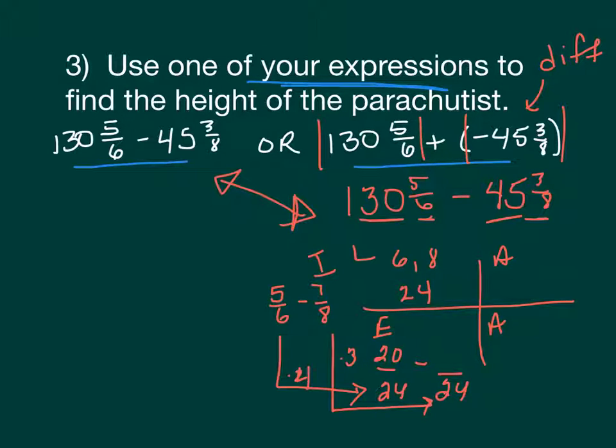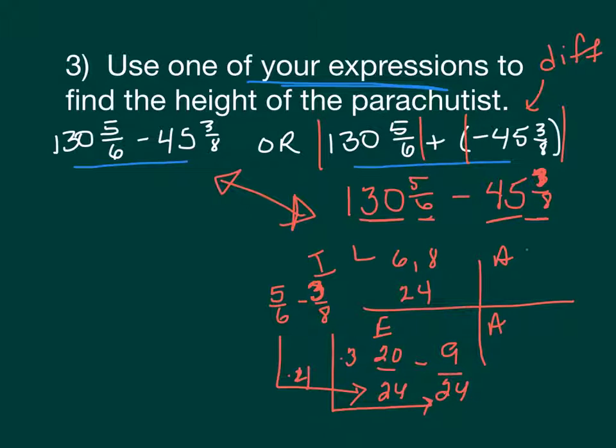So whatever I do at the bottom, do to the top. 3 times... I don't know where I got that 7 from. I apologize to you. That should be a 3, not a 7. I knew something didn't look quite right. Those are 3's there. So 3 times 3 is 9.